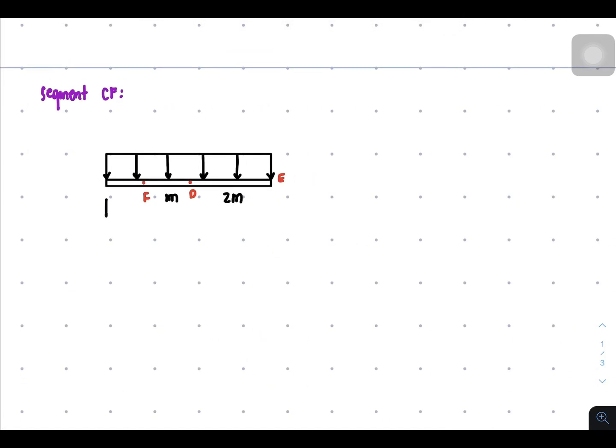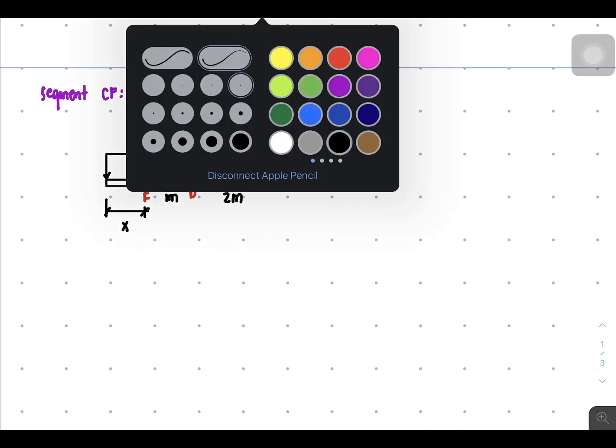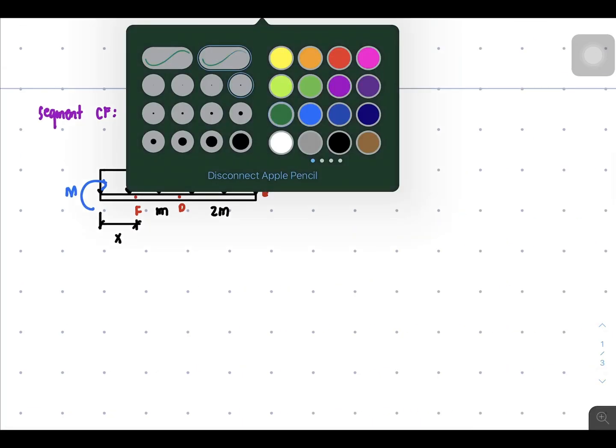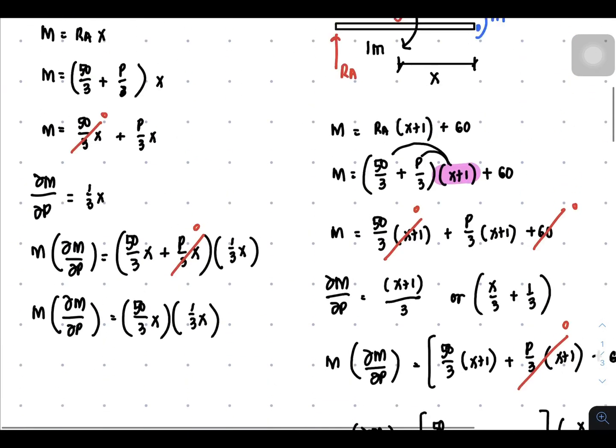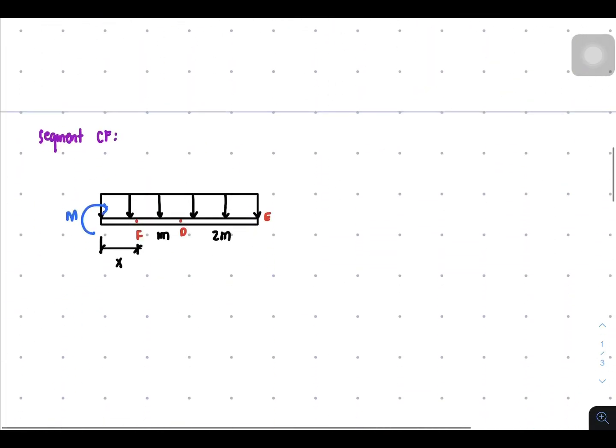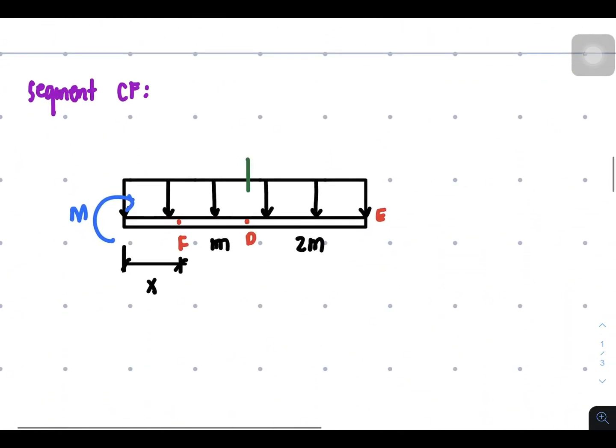And from the point of cutting towards point F, this is X. And place the M, and do not forget to place the P at D. So do not forget to place the P at point D.